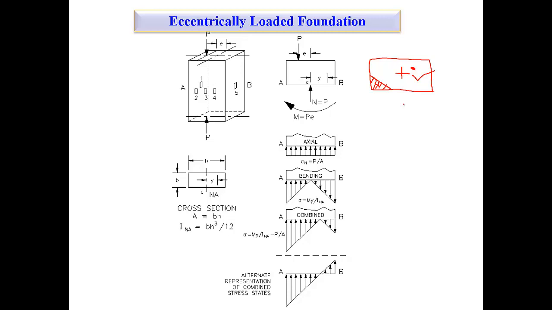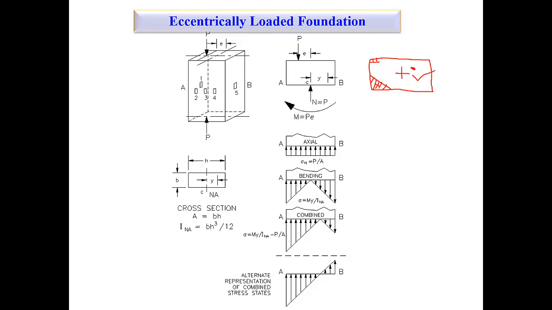If we design so that all the portion takes compression, we distribute the load per unit area. If you consider a single strip of unit area, every single strip is transferring the load to the soil.